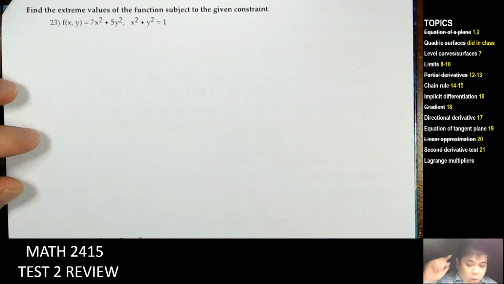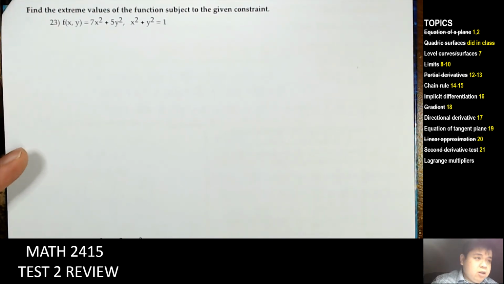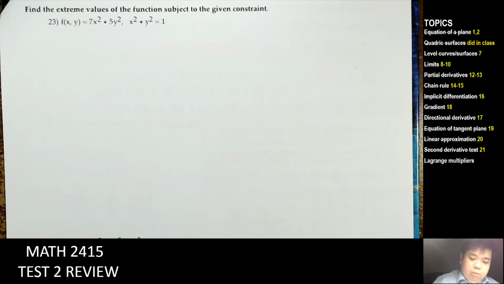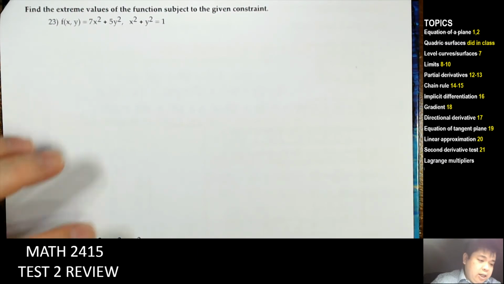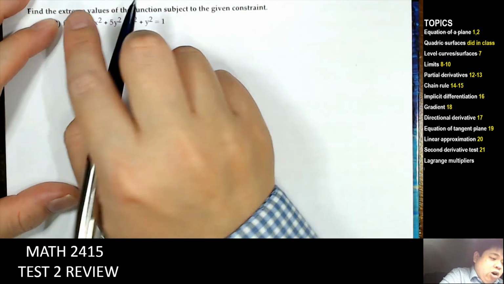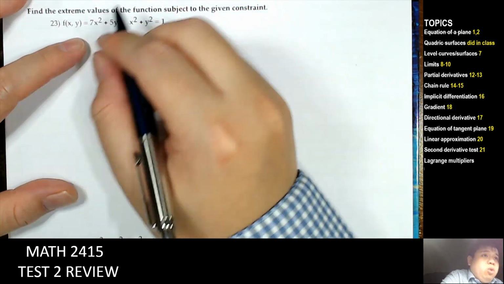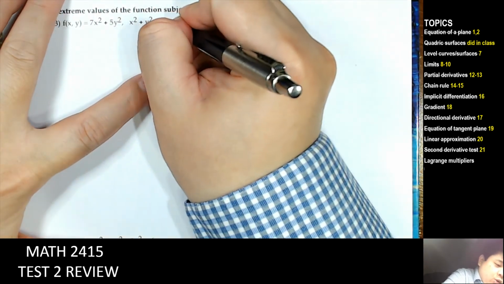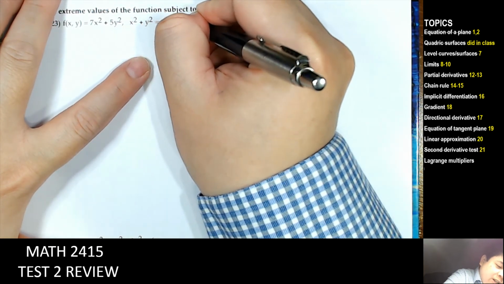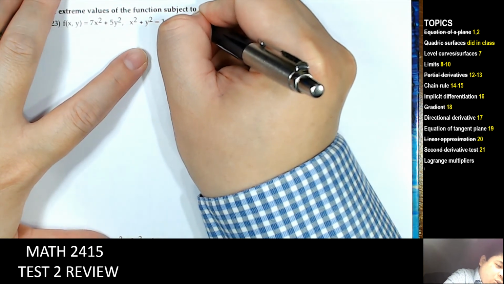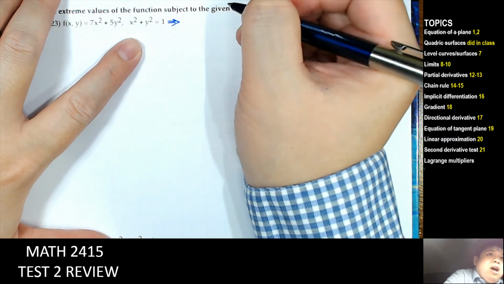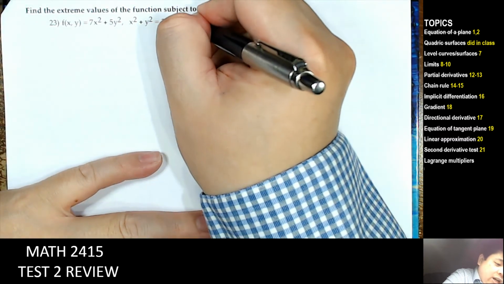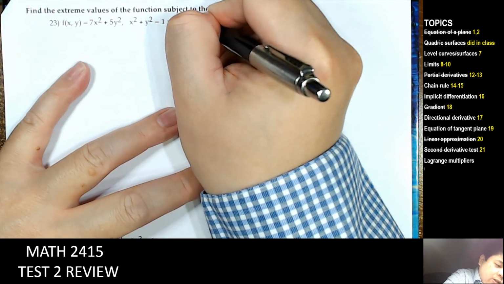So, Lagrange multipliers. First, in Lagrange multipliers, we have to write the function and the constraint. The constraint can be equal to a constant, but in the book they use 0. So I'll rewrite this, and we say x squared plus y squared minus 1 equal to 0, and we let that be the constraint function.